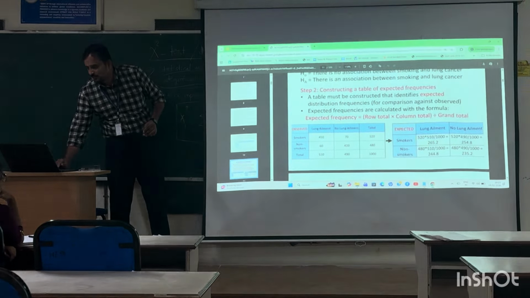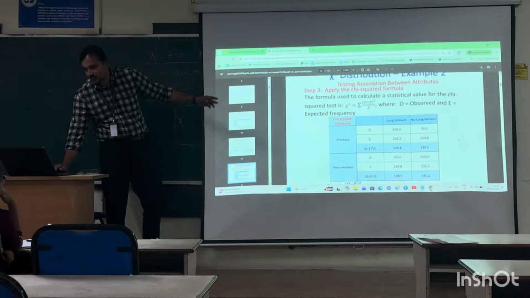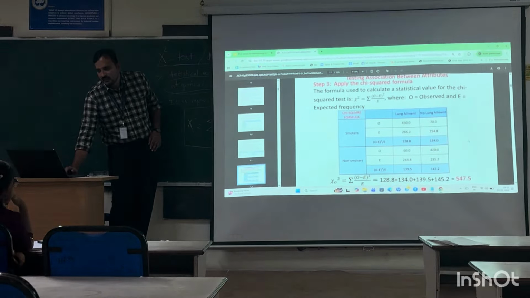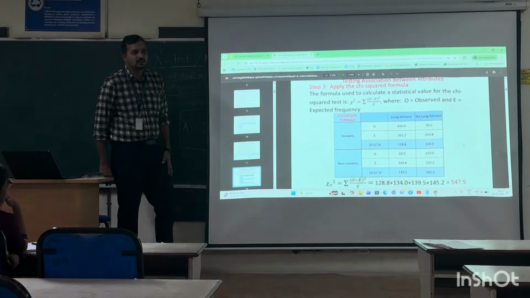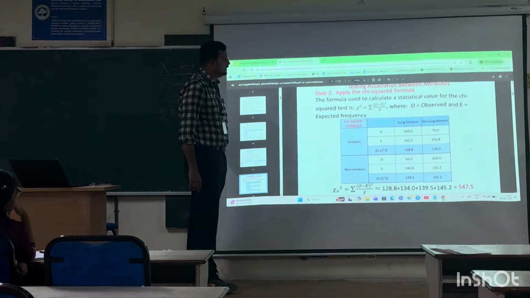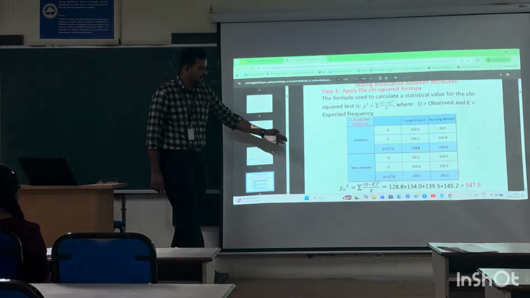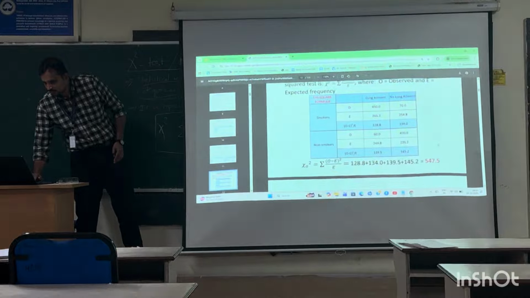Here in this kind of problem also, your chi-square test will be helpful. The formula used to calculate chi-square is the summation of observed minus expected, squared, divided by expected. You substitute in the formula and you get the chi-square test value.